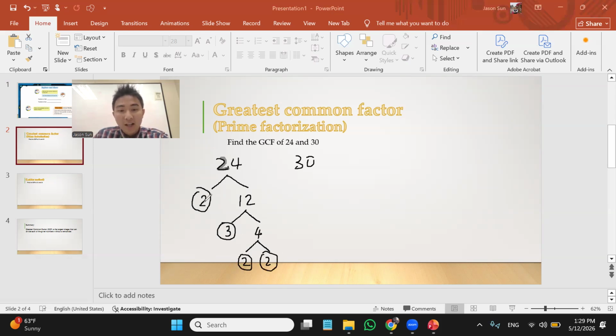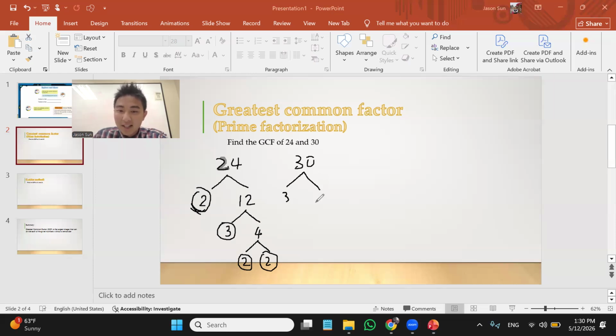Okay, so now I have 2, I have 3, I have 2, another 2, and I'm going to circle them because these are all the prime numbers I have. It's the prime factorization of 24. Okay, so I'm just going to show you that there's a reason why I'm circling these numbers afterwards. Okay, now let's do number 30.